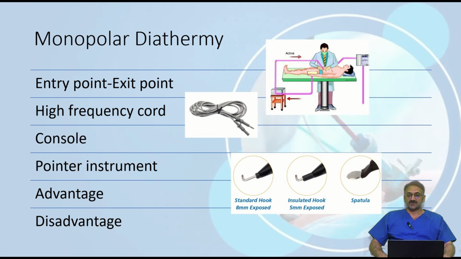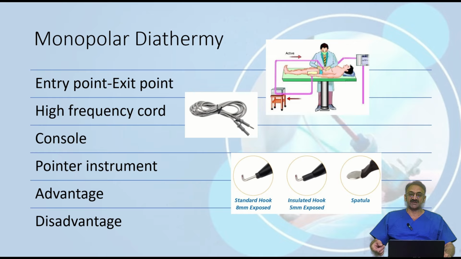The monopolar diathermy is a diathermy which has a console, and it has a high frequency cord, and it has an entry point. It has an earthing plate which is attached to the patient's body.